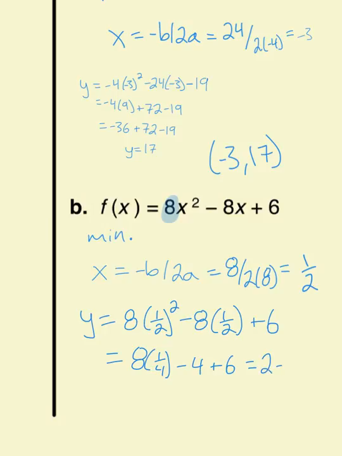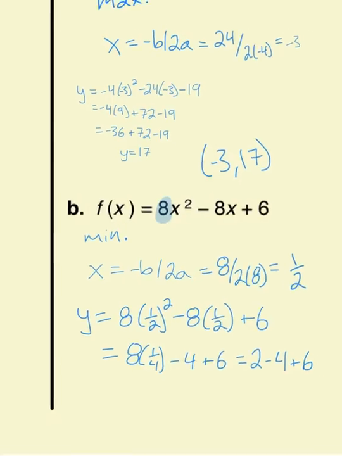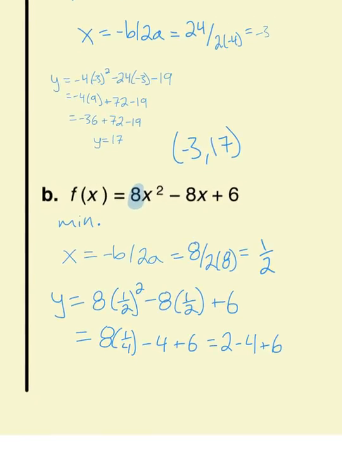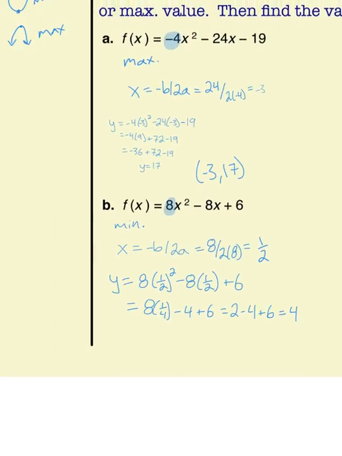So that's all equal to 2 minus 4 plus 6, which is 4. So our vertex is at 1/2, 4. Our minimum value is y equals 4. Our vertex is at 1/2, 4.